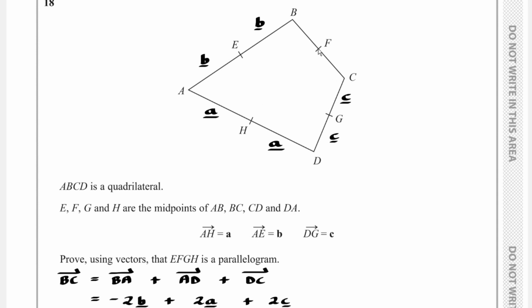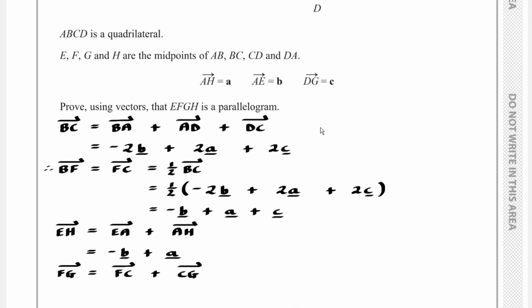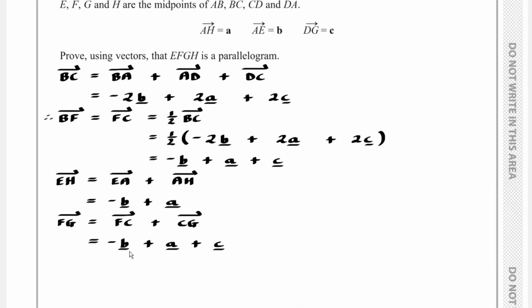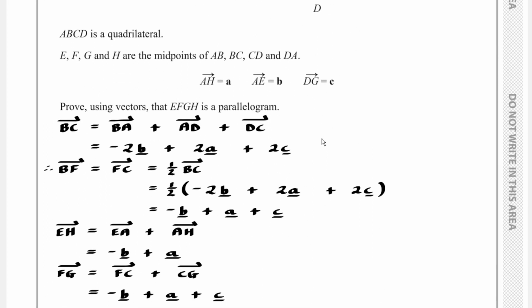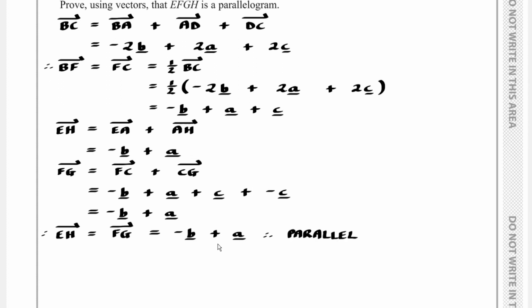So F to G, we are going from F to C, and then C to G. So FC, that's negative B plus A plus C. And then CG, that's equal to negative C. So we have negative B plus A. So we can see that EH is equal to FG, which is equal to negative B plus A. So those two vectors are parallel.